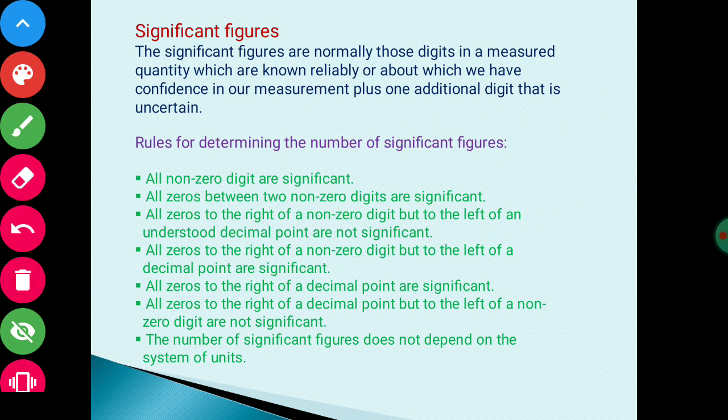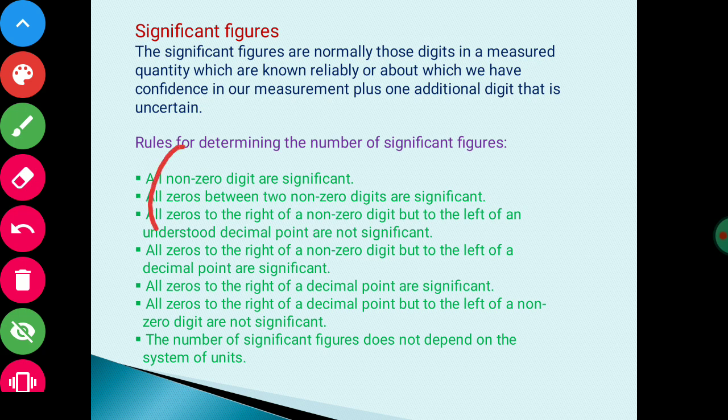Next rule. All zeros to the right of a decimal point but to the left of a non-zero digit are not significant.